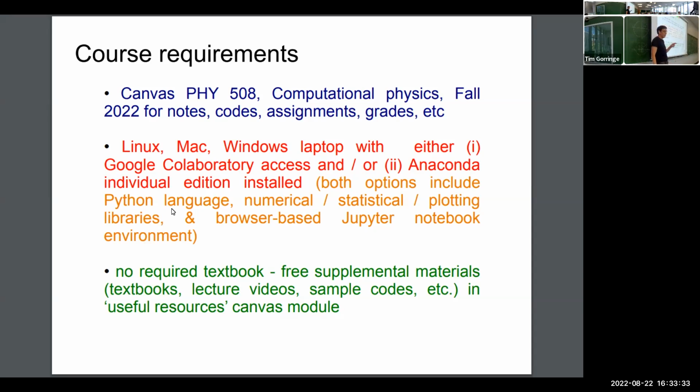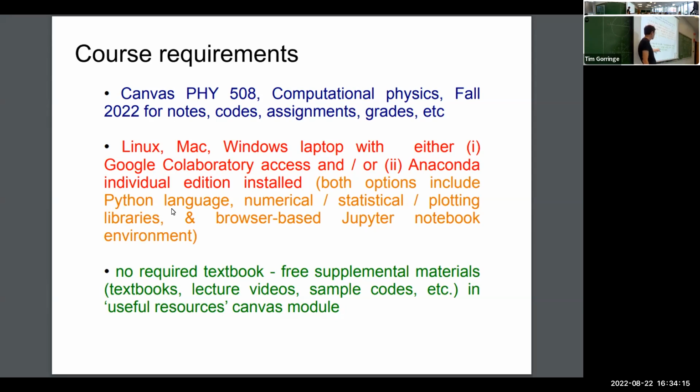We're going to work with Python and Jupyter Notebooks, and the two most straightforward ways, if you haven't already done so, are either through Google Colaboratory, where you just access it using wireless, or by downloading Anaconda. Either of these choices, or both of them, give you all the materials you need for the class: Python and the Jupyter Notebooks, and that's what you'll be working with.